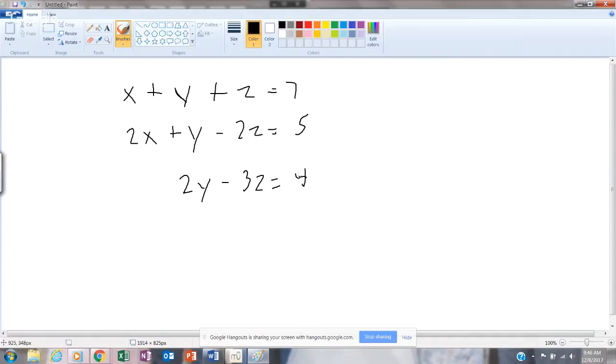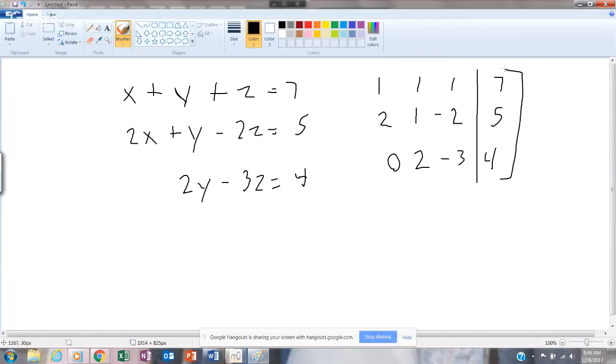So then you'd put it into a matrix. So you'd say 1, 1, 1 equals 7. That's your first row. 2, 1, and negative 2 are 5. And then 0 for x, 2 for y, and negative 3 for z. And your 4 is your constant. So this is your matrix.